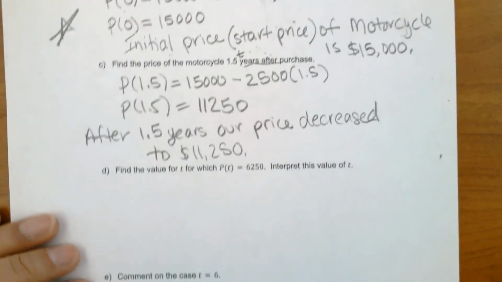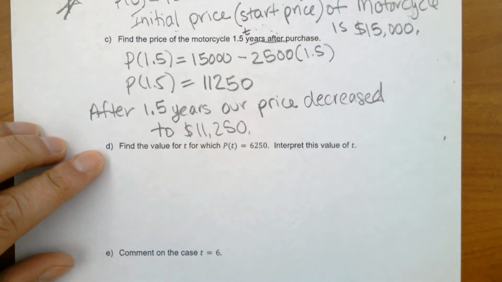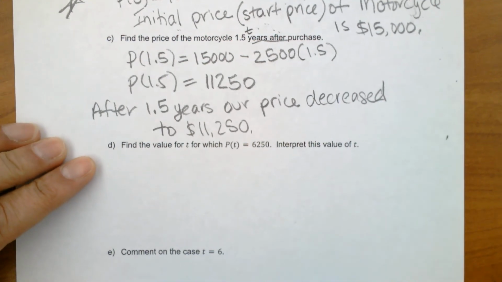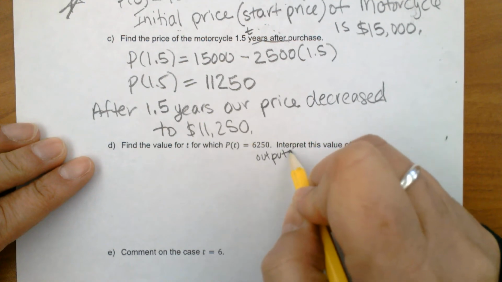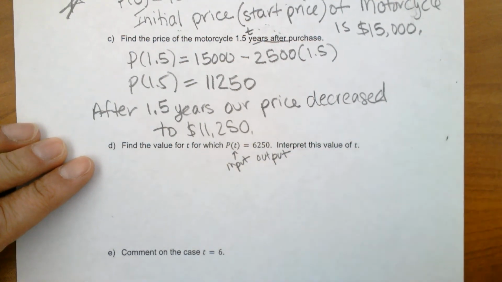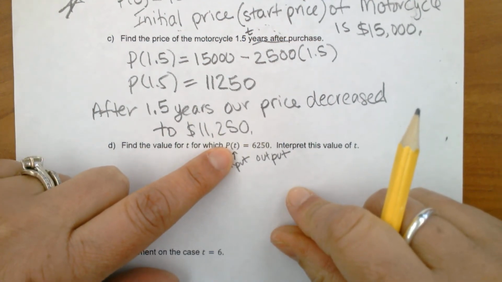Normally. Okay, part D. Find the value for T for which P of T equals 6,250. Interpret this value of T. What did they give us here? They gave us the output, and they want us to find the input. So we don't have T anymore, everybody.